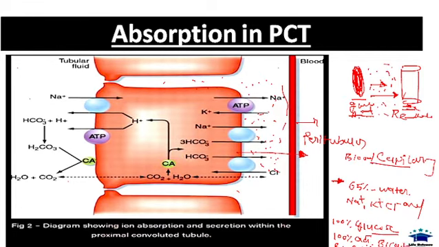Bicarbonate is the main compound that plays the main role in balancing the buffer system of the blood. This reabsorption occurs due to the presence of channels on the basolateral side facing the interstitium. This is the basolateral part, and this is the apical part facing the lumen.